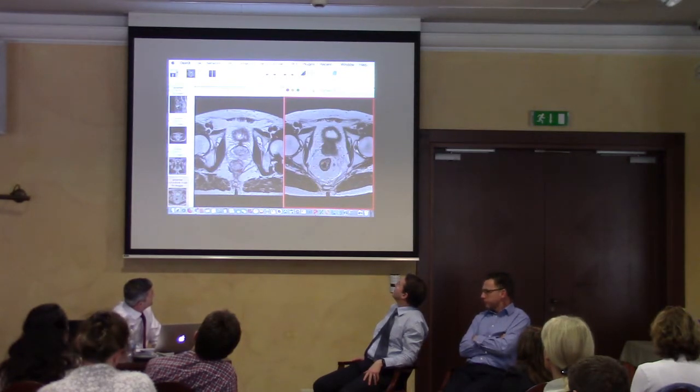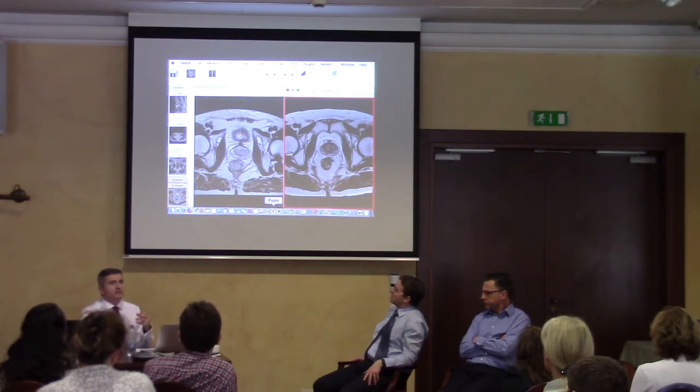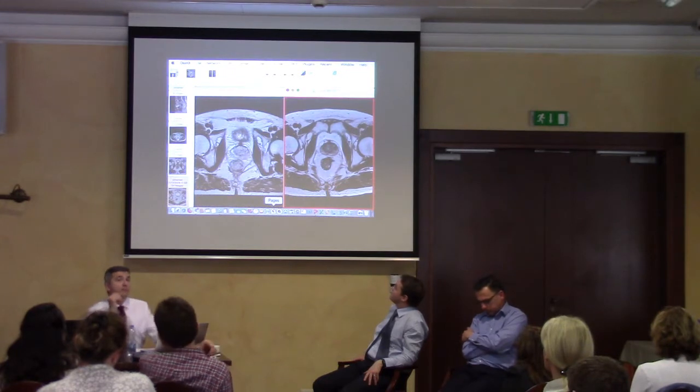You can see the radiation changes with oedema. But actually when we come down, where the site of the tumour was, this is now very low signal intensity. And this is post-radiation fibrosis. You don't see that with chemotherapy, you see it with radiotherapy. So make sure you know what treatment they've had.